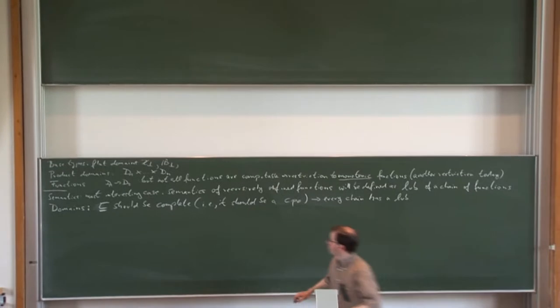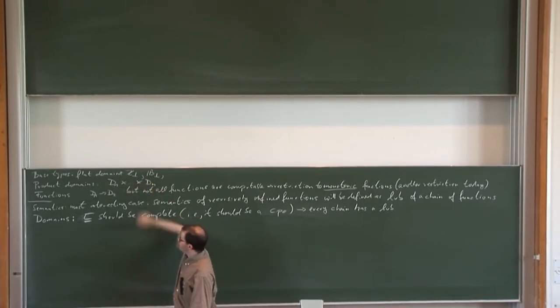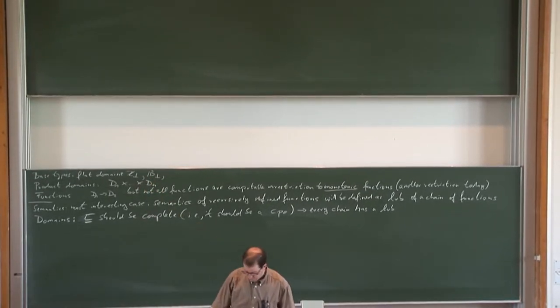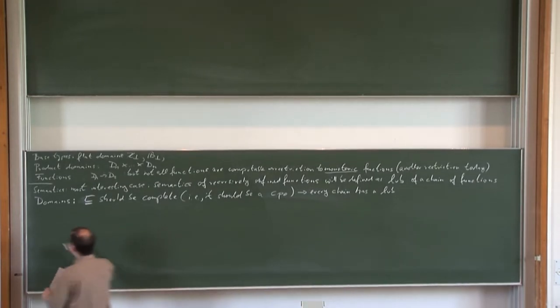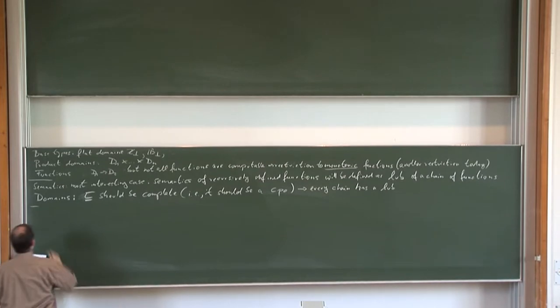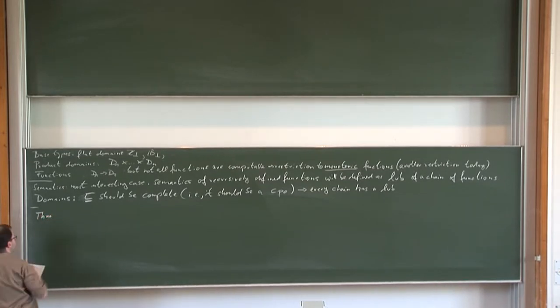And now, for all those domains that we looked at up to now, so for these three sets, this less defined or equal relation is complete. And this is the theorem that we have to prove now. So the domains that we looked at up to now are complete.